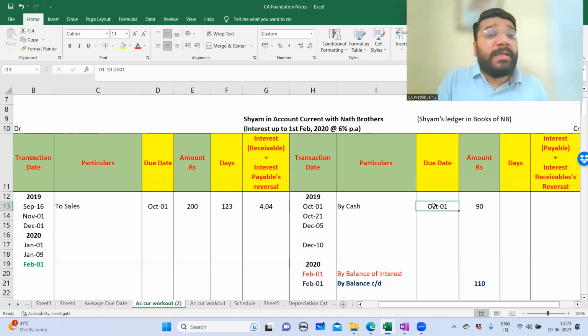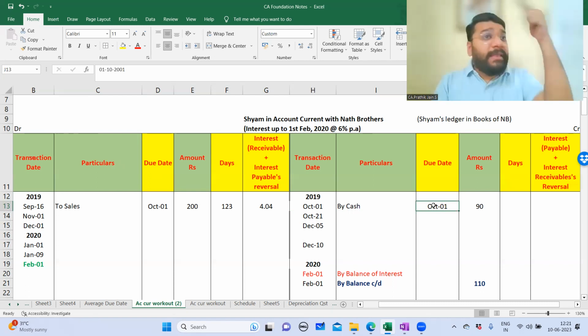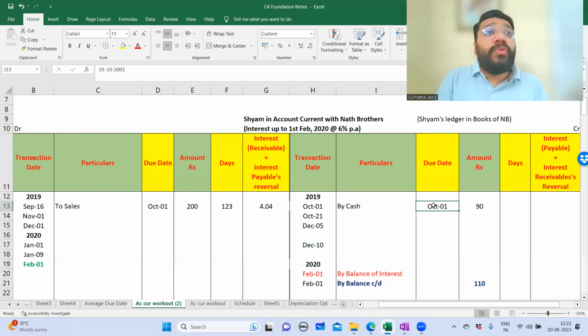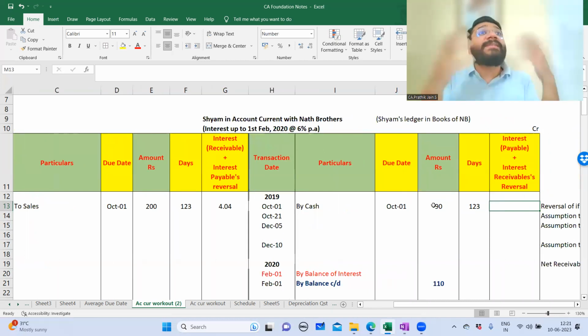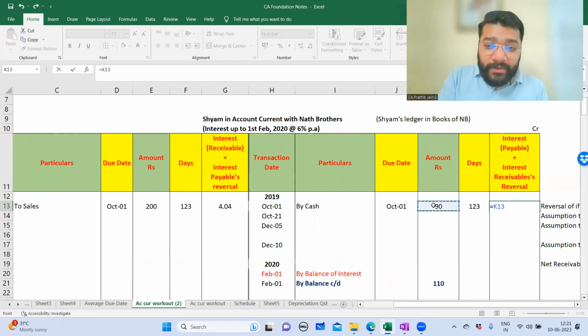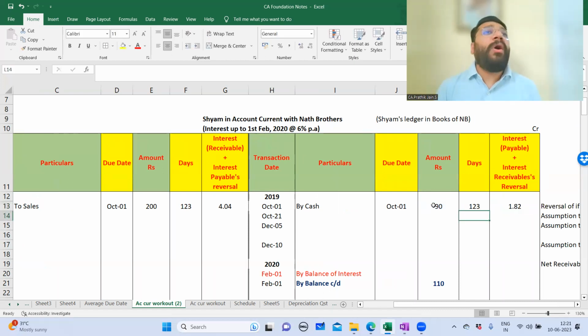Now, guys, we have to reverse the interest on this 90 rupees. How will we reverse? Sir, from October 1 till Feb 1, you calculated interest on this 90 rupees for how many days? 123 days. So for the same 123 days, we have to reverse the interest. So 90 rupees into 6% into 123 divided by 365. 1.82.